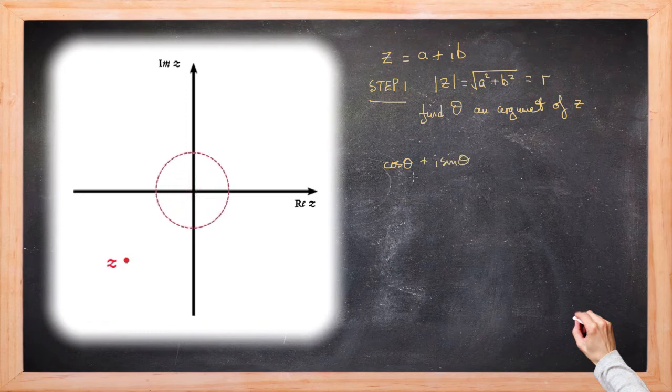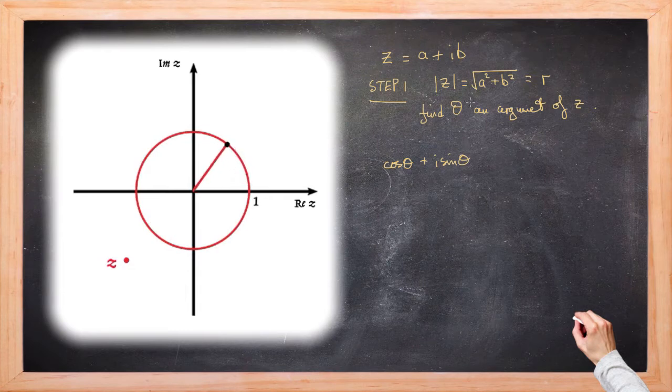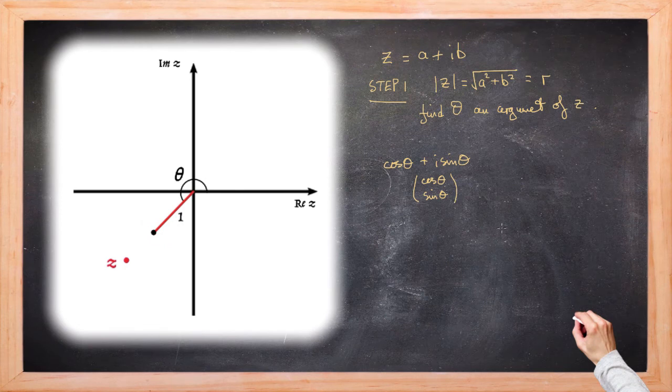So if we look in particular at the complex number on the unit circle that has the same argument as z, its associated vector has components cos theta, sin theta. So what we can do is to scale that vector by a scale factor of r, that's the modulus of z. Doing that gives us a vector associated with z.